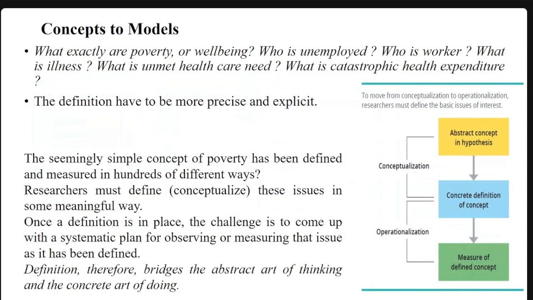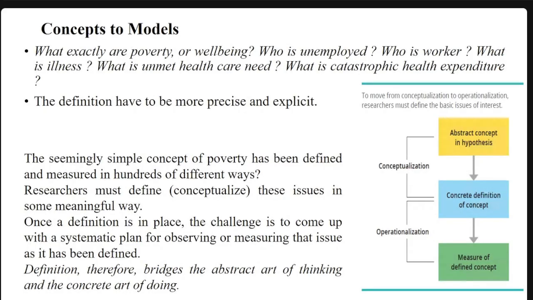So from the concept to the models, and from the models to the research questions, all are very critical phases. You need to sit with the research objectives and translate them into variables, then from the variables to the operational definitions, and finally to the indicators.